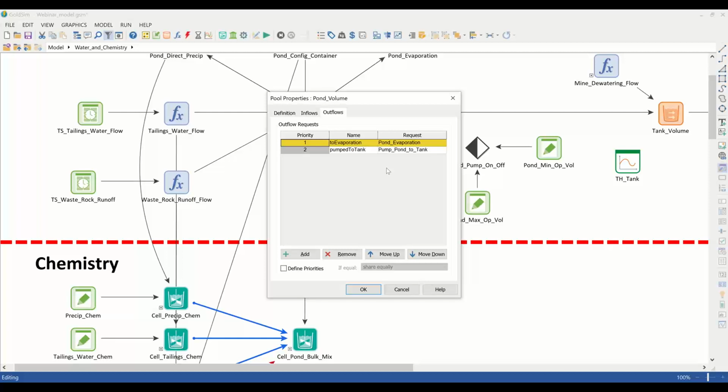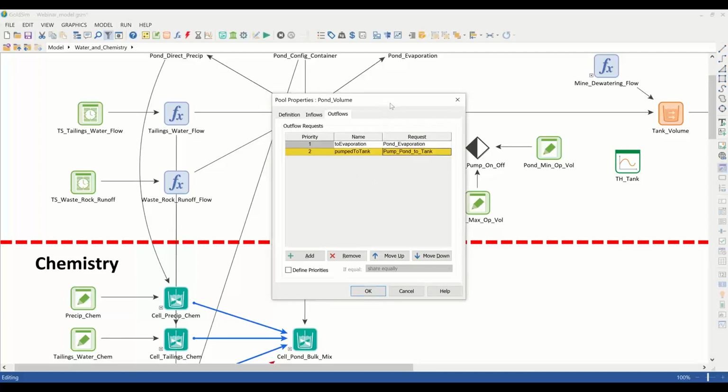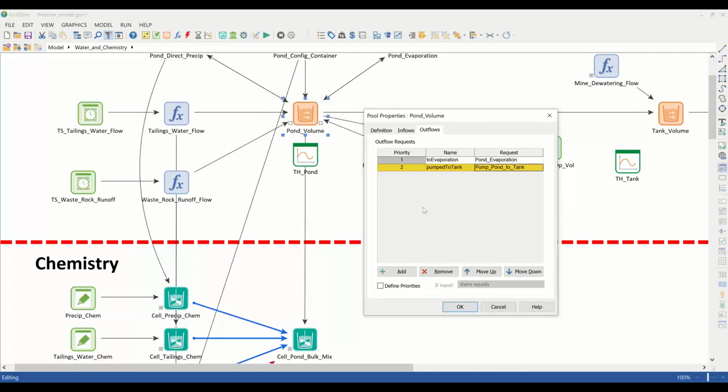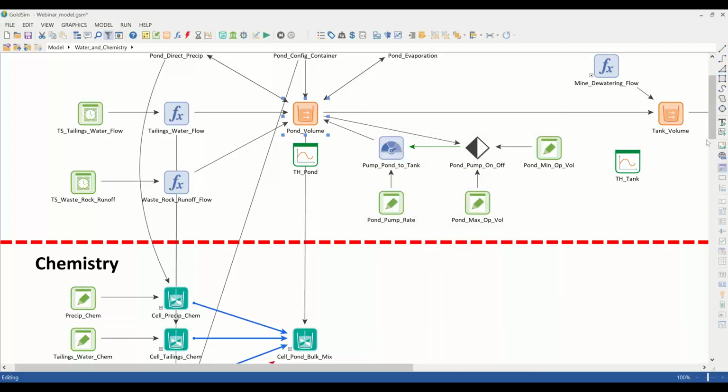At least it shouldn't. But we also have another outflow, and that's the water which is pumped to the tank. So if the water was pumped to the tank out of the pond, the chemistry which is dissolved in that water would go with that water to the tank. So it would actually leave our system and enter the tank.